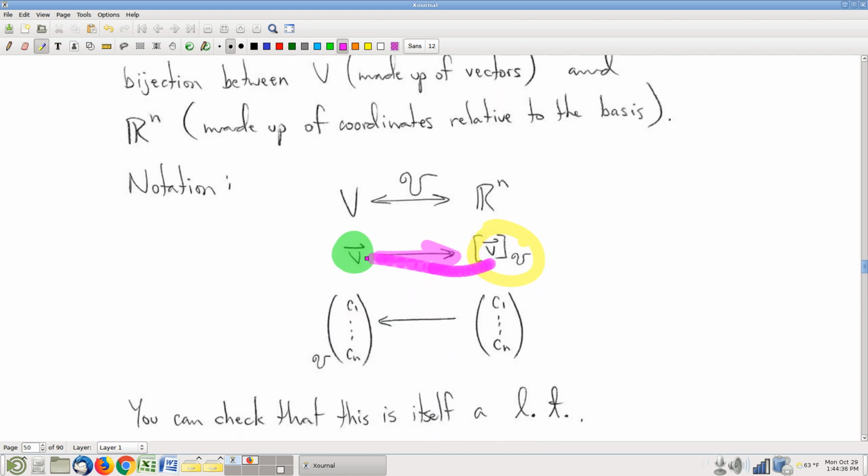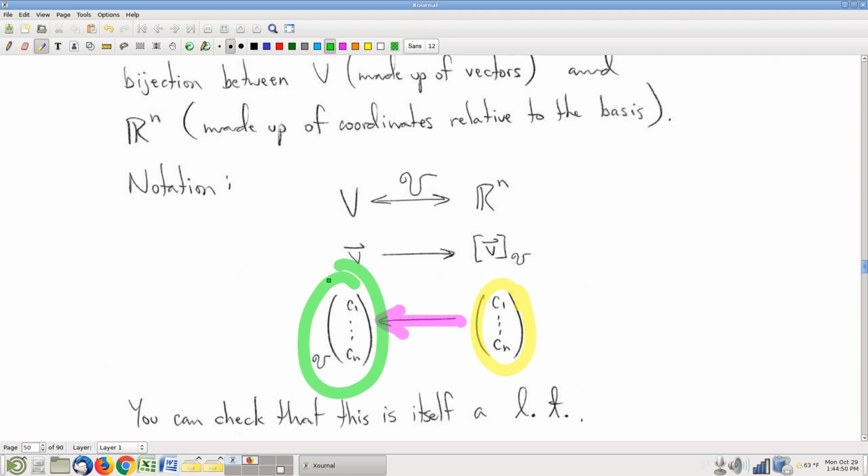So an alternate way to think of this, an alternate notation, if you have a list of coordinates, you can think of the basis as producing this vector. And again, it means the exact same thing as above. It means, take these basis vectors, use the coordinates as coefficients in a linear combination of those basis vectors, and out comes the vector in the vector space that these coordinates represent. So anyway, think of it in either direction.